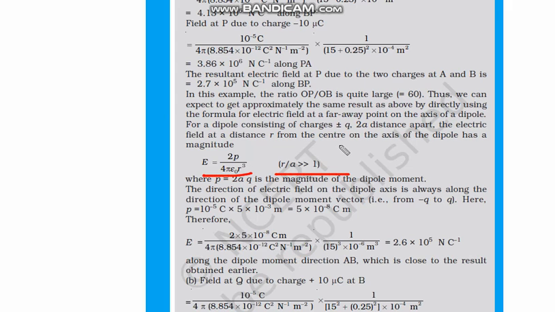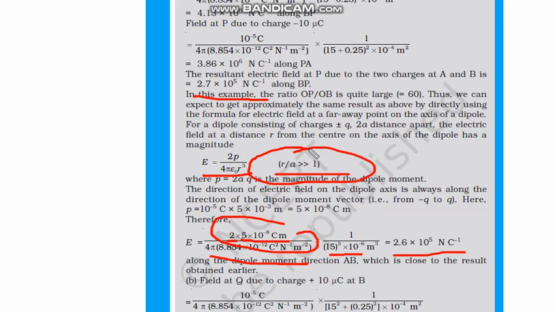So this is valid for R greater than A. When we put this in, P is 2qa, so 2a into q comes as P. Then 4 pi epsilon naught remains the same, and the total distance R was 15 into 10 to power minus 2, cubed. So this also comes as 2.6 into 10 to power 5, which is almost the same. Hence this formula is valid when R is greater than A.